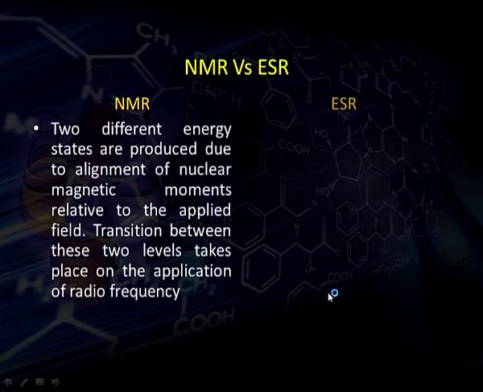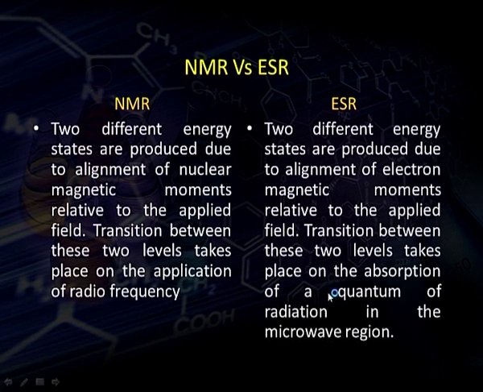Let us see what are the similarities and differences between NMR and ESR. NMR versus ESR. Two different energy states are produced due to the alignment of nuclear magnetic moments relative to the applied field in NMR, and the transition between these two levels takes place on the application of radio frequency.